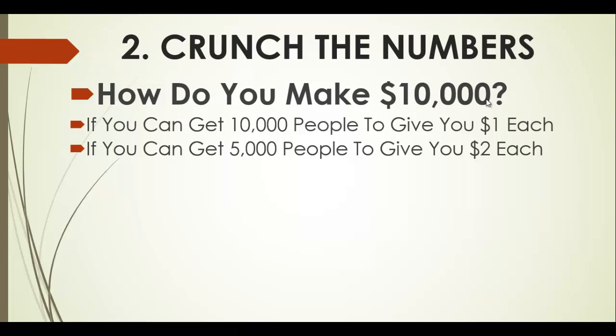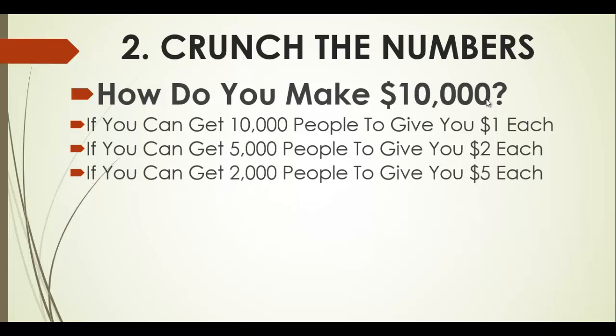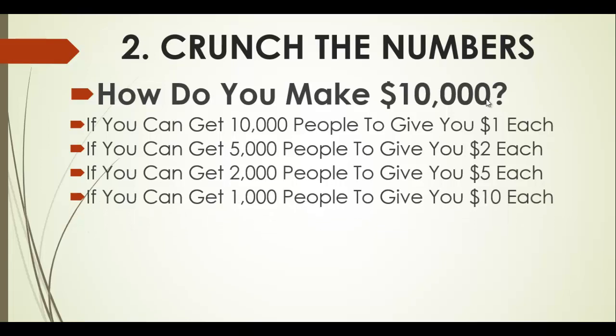Now let's assume you can't get that number, so you keep crunching the numbers. What about getting 2,000 people to give me $5 each? That will still help you arrive at your $10,000. Let's keep on crunching. What if I can get 1,000 people to give me $10 each?